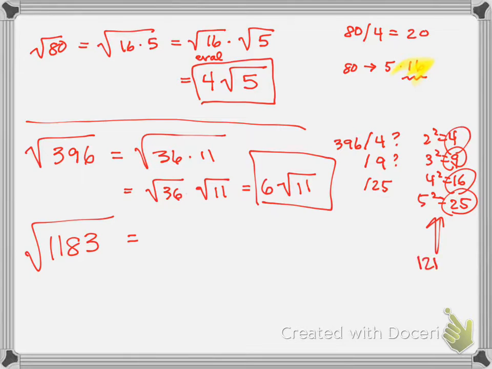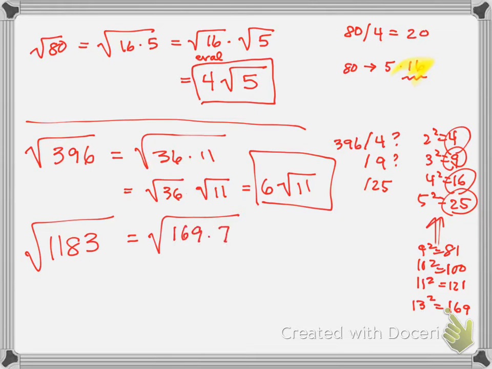If you start dividing it by all those perfect squares, don't forget that 9 squared is 81, 10 squared is 100, 11 squared is 121. Go to those larger ones because you'll find 13 squared is 169, and 1183 will actually break apart as a product of 169 times 7.